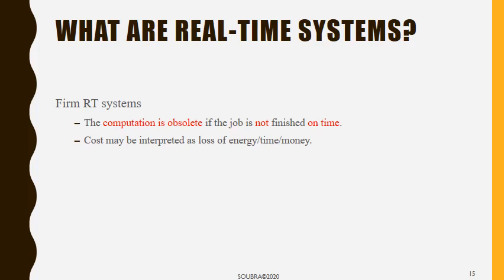And sometimes if the result is obsolete, you'll have to do it again one more time or repeat it. So the cost may be interpreted as loss of energy that you'll be spending in doing things again, or some time that you'll be losing in order to deal with this situation, or even some money that you might be losing.